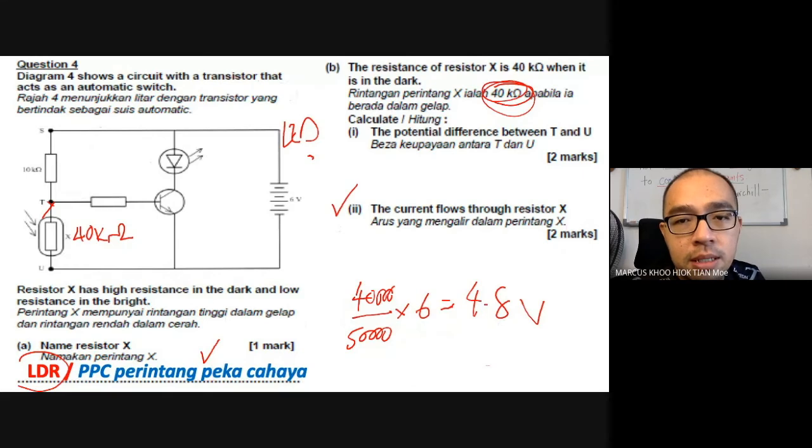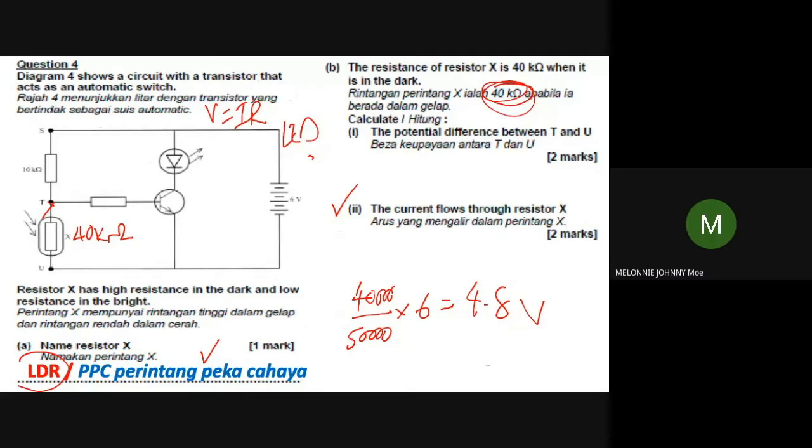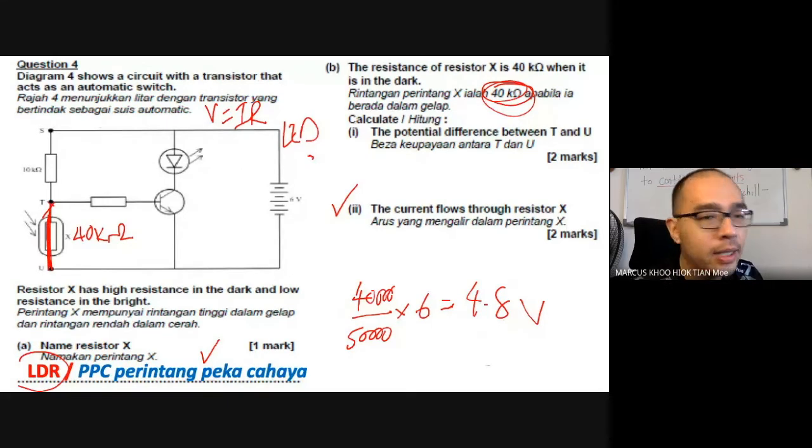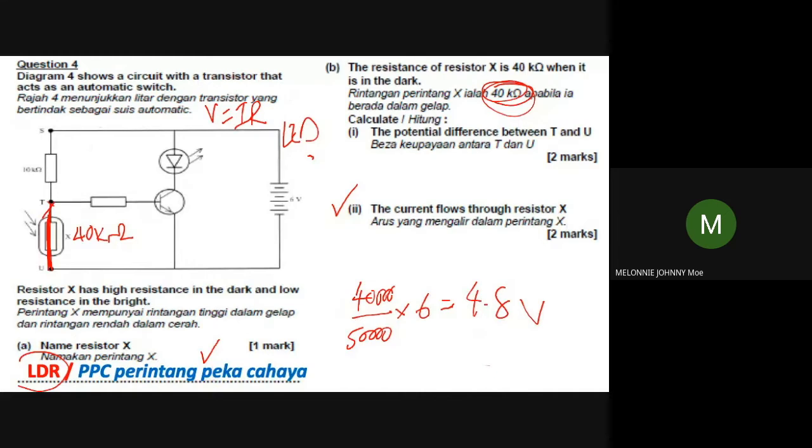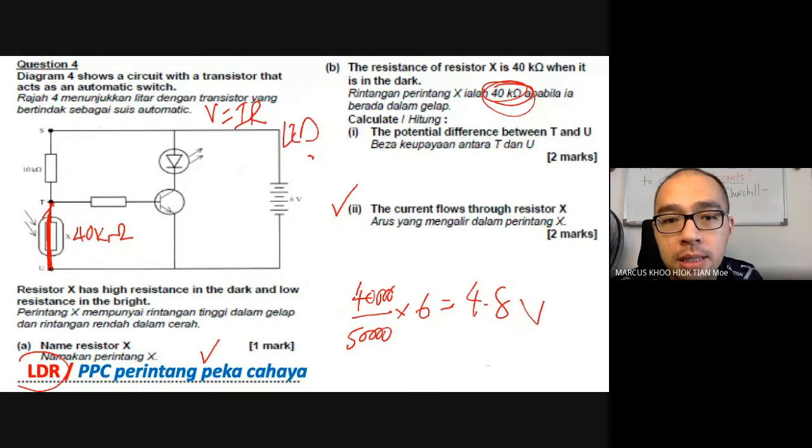The current, please. When we want to calculate the current, use Ohm's law. V equals IR. 6 divided by 50,000.